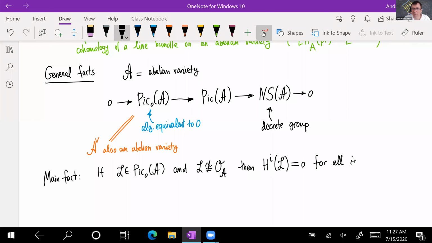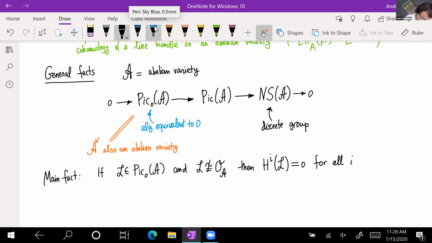This is really kind of amazing. So this means these are line bundles of degree 0. They're in fact like characters. So you can think of these as characters of your abelian variety. So this is what makes the Fourier-Mukai transform work.